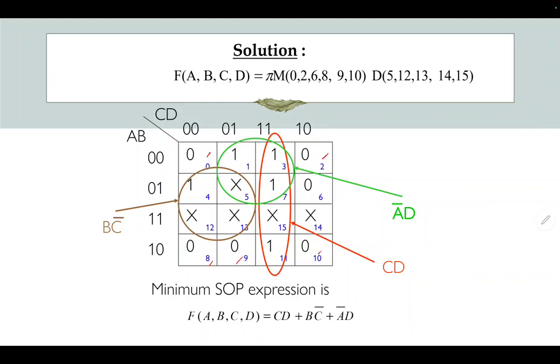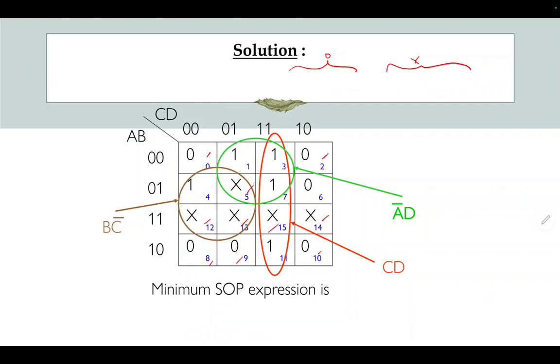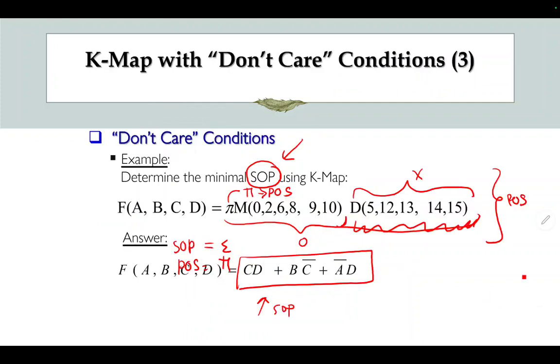And then you got 5, don't care, which is X. This one is X, and the 0 you place as number 0. X at 5, 12, 13, 14, 15. But the question here, remember, is to determine the minimum SOP.